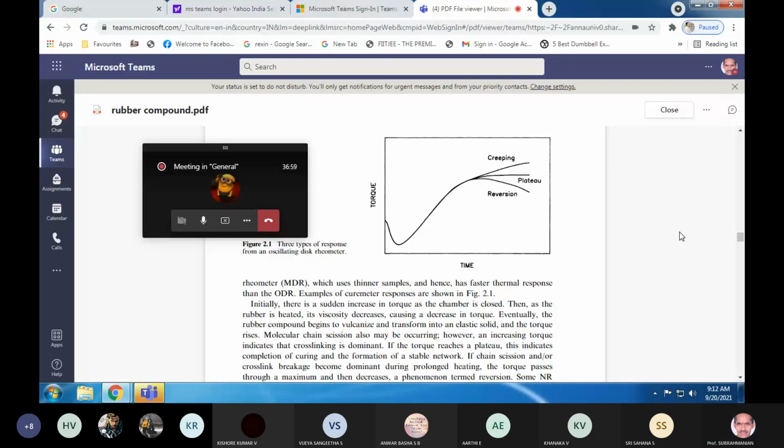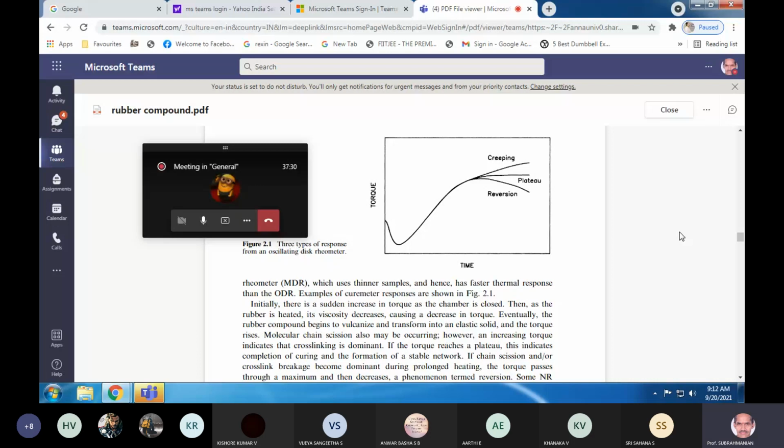Plateau is what? That is the equilibrium modulus. Equilibrium meaning for a certain number of new crosslinks formed, certain crosslinks are broken, they are getting cleaved. So what does it mean? We are able to maintain the viscoelasticity even at a higher temperature.